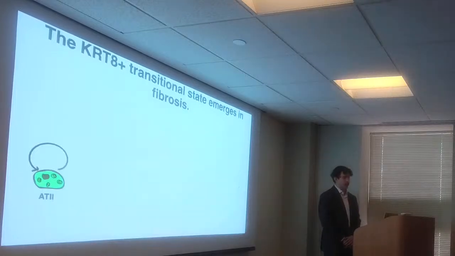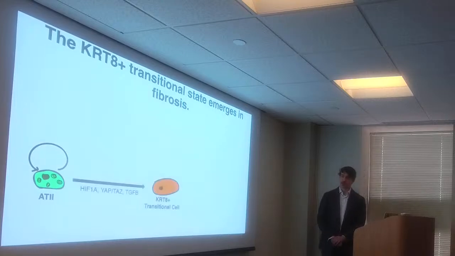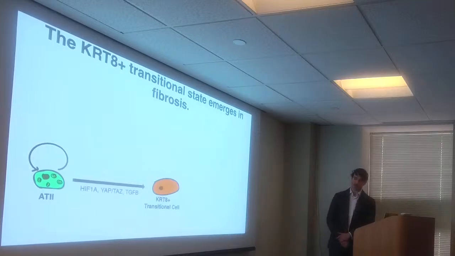And we found keratin 8 to be interesting because it's associated with this transitional state that emerges in fibrosis. So in this schematic here, you can see an alveolar type 2 cell, which in association with some signaling pathways, which includes TGF-beta, adopts this keratin 8 positive transitional cell that acts as an in-between transitional state between alveolar type 2 cells and alveolar type 1 cells.